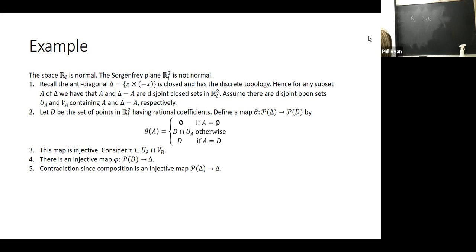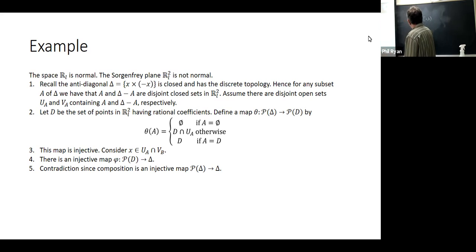Okay, now, what happens if we have two proper subsets A not equal to B? If A doesn't equal B, that means there has to exist some point X which is in one of them and not in the other.